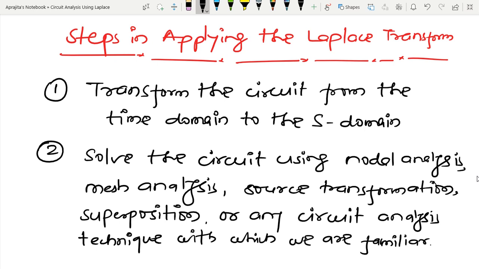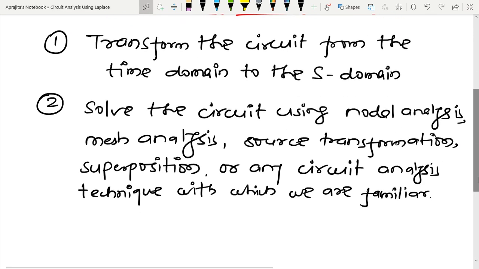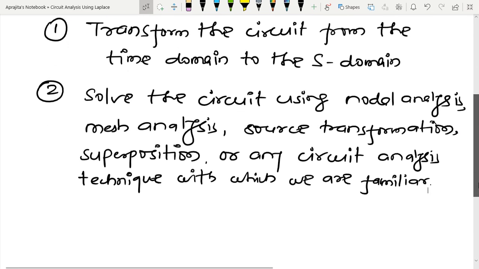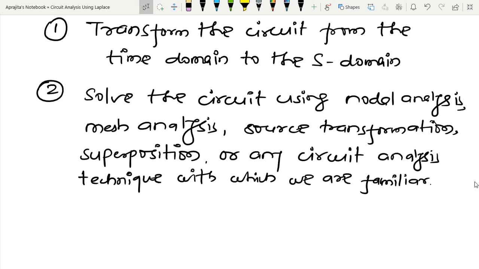Since I have already talked a lot about the second part, in today's lecture first I will talk about the first part. After that I am not going to talk about the theoretical part of the second one. Just by using some problems I will show you how to apply the second step, and after that the third step is again mathematical.